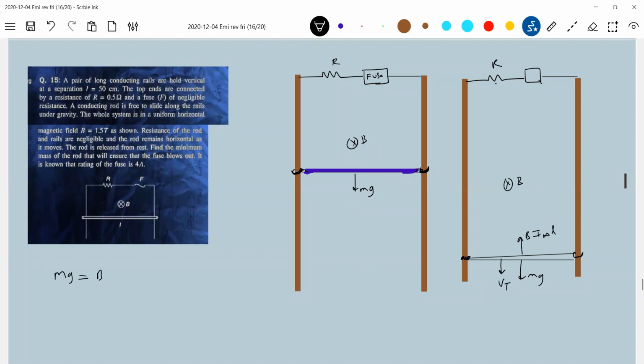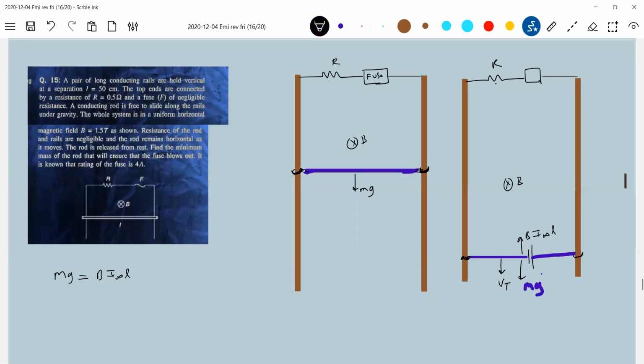It will behave like a cell. So let me draw it. Yes, this will be a better diagram for us.